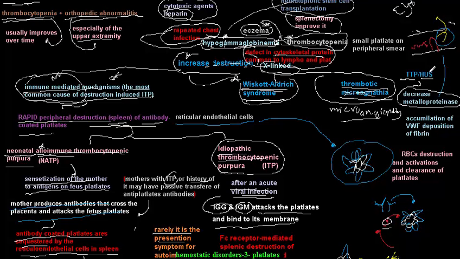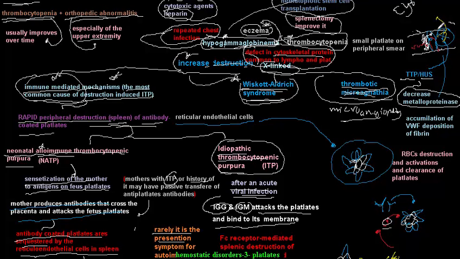In the case of hemolytic uremic syndrome, we have a toxin like Shiga toxin or E. coli toxin that will inhibit this protein, and this will lead to accumulation of von Willebrand factor. The accumulation of von Willebrand factor will activate the platelets. So we have continuous activation of the platelets, and as a result the activation and destruction of platelets will lead to thrombocytopenia.